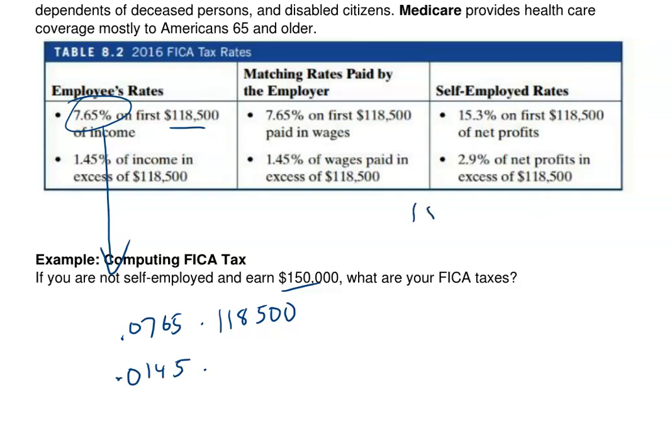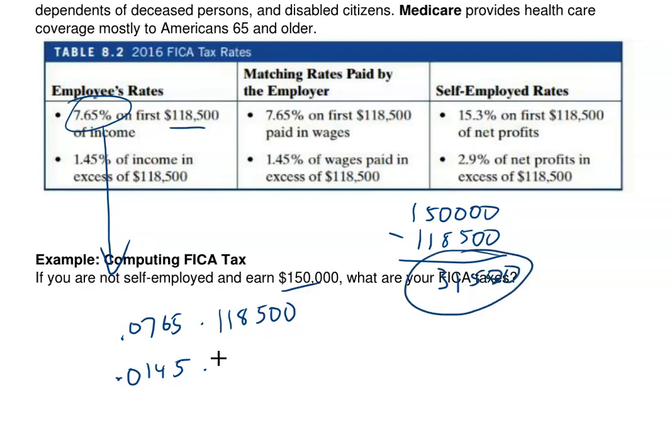We have to take $150,000, that's how much they made altogether, minus the top end of that bracket to figure out the excess money that's getting taxed at 1.45%. So $150,000 minus $118,500, and we get $31,500. That's the amount that's going to get taxed at the lower rate.